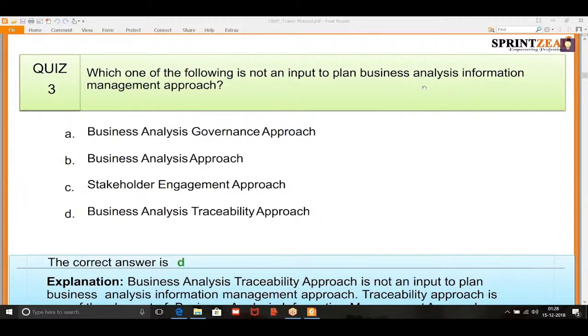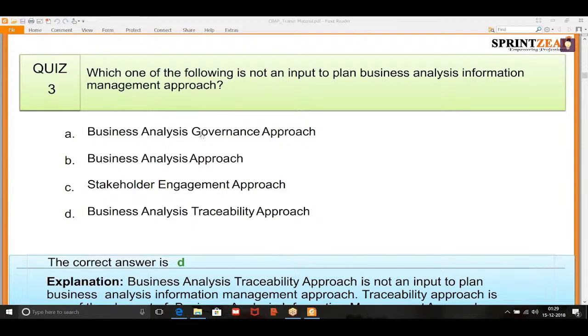There is a very thin line between these answers. Of course traceability is important, but as per our discussion, these three are the closest that are actually shown in the BABOK.